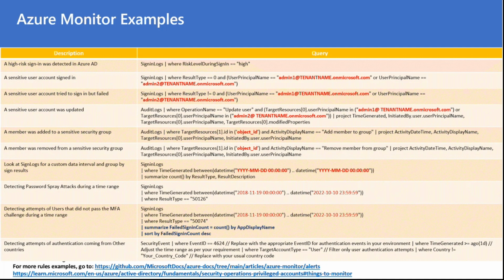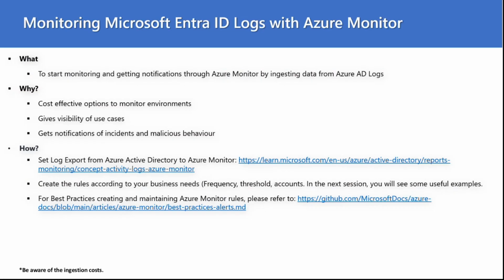All you need to do, please go back and see how you export the Microsoft Entra logs to Azure Monitor and create the rules, and here are some of the rules.